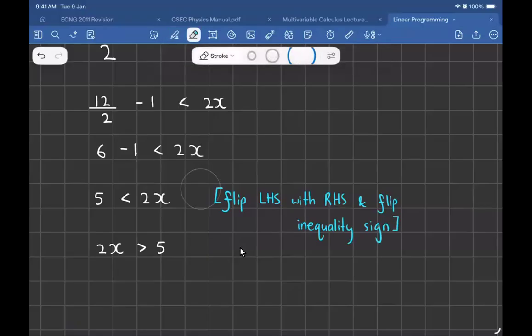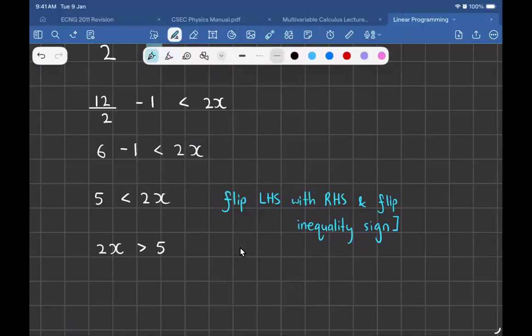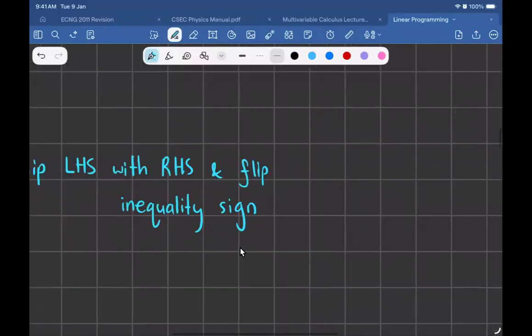I find it's real inequality, real flipping. It should be cancelled, to be honest.